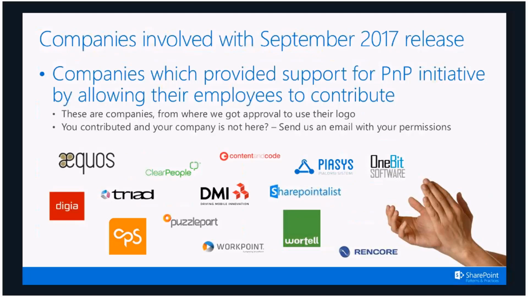And we absolutely appreciate this assistance, and absolutely appreciate the opportunity for these companies' employees to help others in the community as well. And to be fair, this is probably the biggest company list we have had in the history of the SharePoint PnP monthly calls.